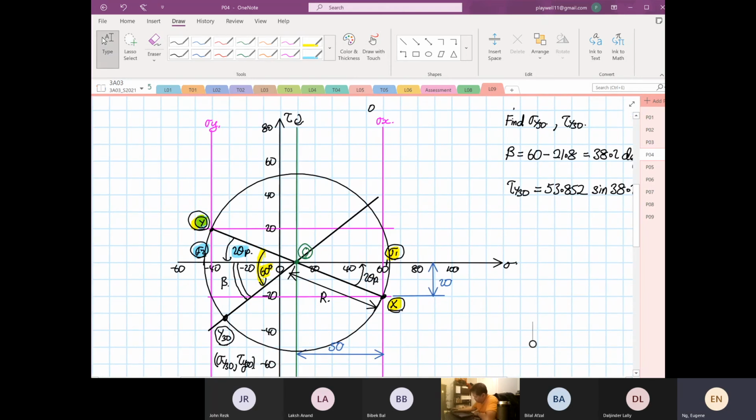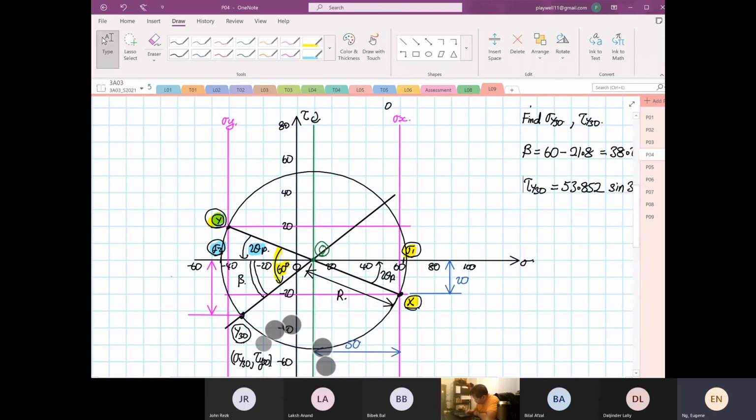What we are trying to find is this distance, this height. It's easier because it's starting from the 0 shear line. We know the radius is 53.852, and the beta angle is 38.2.